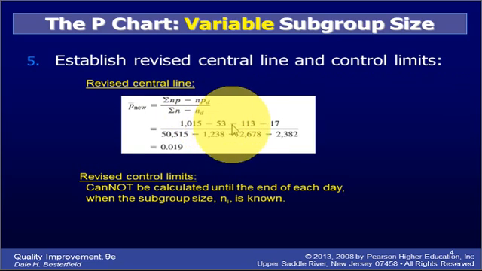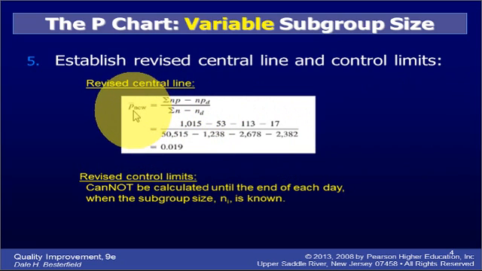Here we discard 3 subgroups, and then we can establish this revised central line, and this p-bar new becomes the best estimate of the p0 value that describes the actual fraction of non-conforming units.